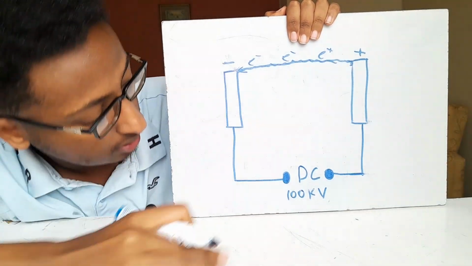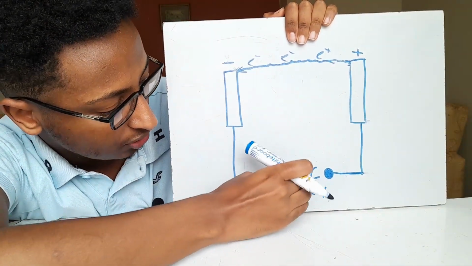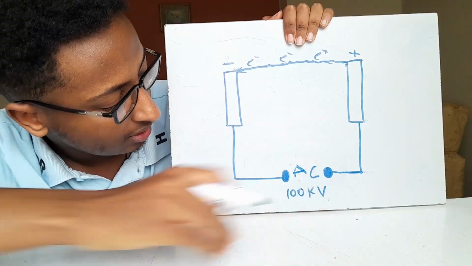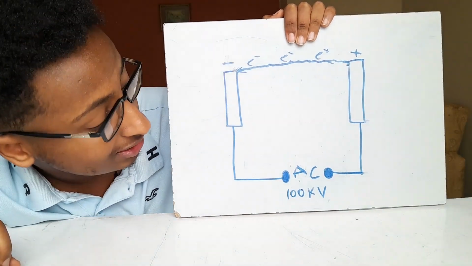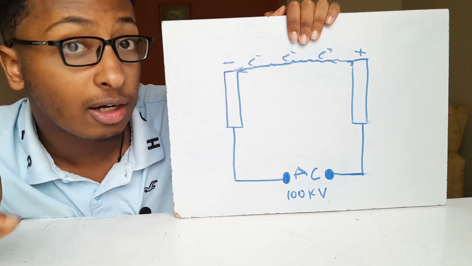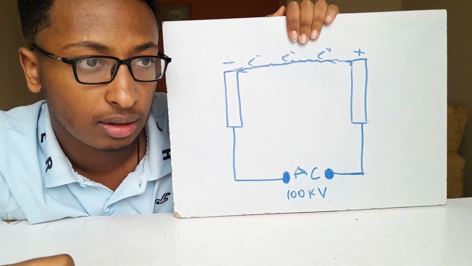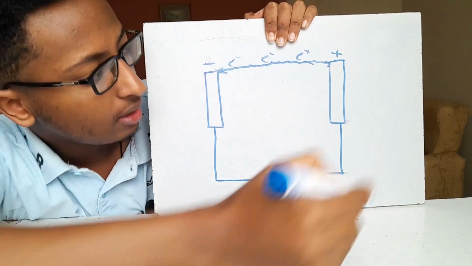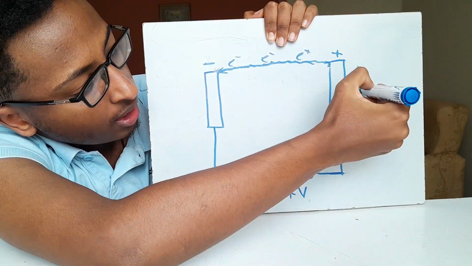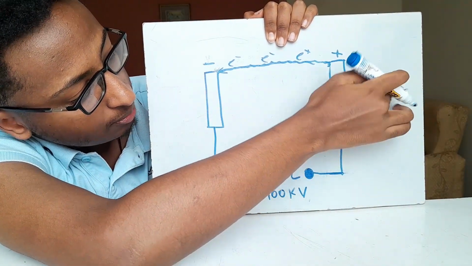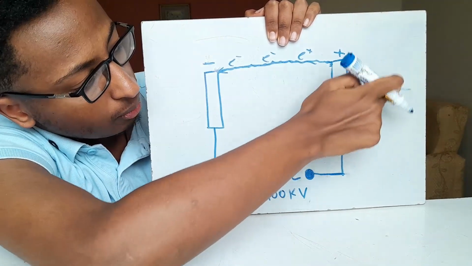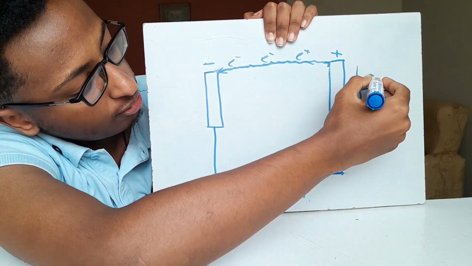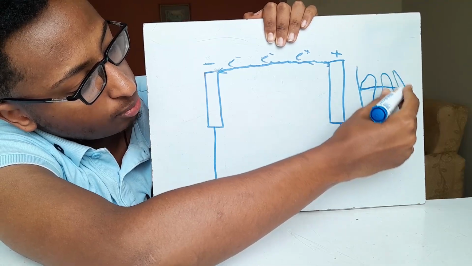But if we take AC, let me change it right here. Let's just say this is AC. If this is AC, it must have a frequency. It's necessary. And it changes terminals depending on the cycle. We both know that AC alternates its terminals depending on the time cycle, which means first it was positive, then negative, then positive, then negative.